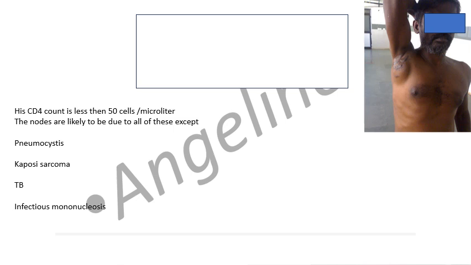Okay, so his CD4 count is less than 50 cells. The nodes are likely to be all of these except. Have a look. You have a mix of both your infection as well as your malignancy. So how do you tease it out? You must be able to tease it out based on the CD4 count number.